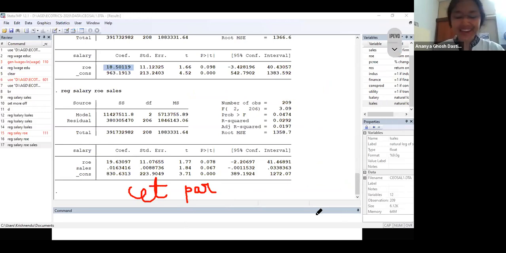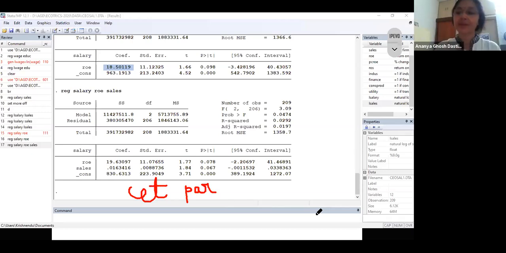What is it telling you? It's telling you that, look, if you have two firms with exactly the same amount of sales, but one has a higher ROE than the other by just 1 percentage point, then that firm, the one with the higher ROE, is going to pay its CEOs $19.6 thousand more.